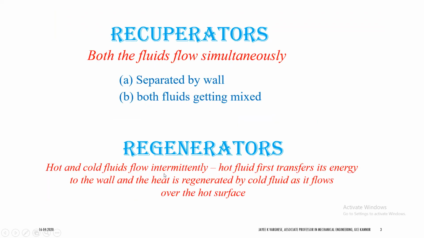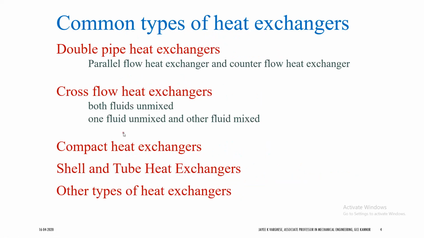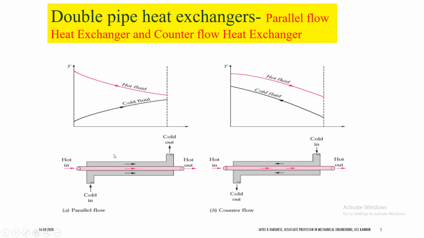But the more important classification is based on construction. You can have a double pipe heat exchanger, cross flow heat exchanger, compact heat exchanger, and shell and tube heat exchangers. We will not discuss any special type of heat exchanger other than these.